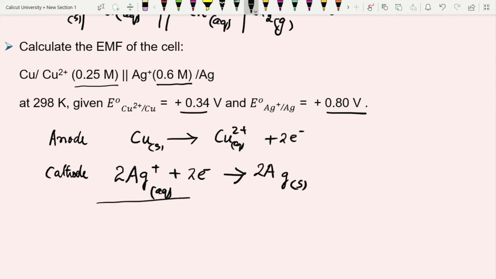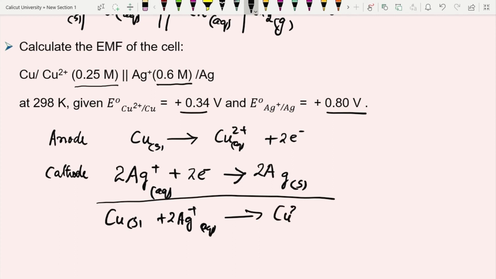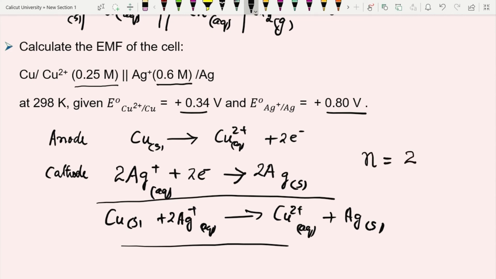The overall cell reaction is copper solid and 2 silver plus ions in aqueous medium giving copper ions in aqueous medium and silver solid. This is the cell reaction, and from here we get N is equal to 2.